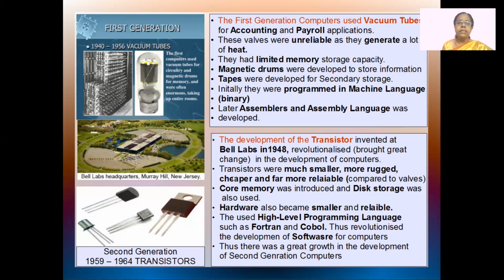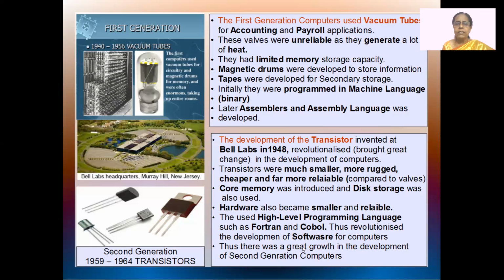And what language did they follow? They followed the high level programming language. The first generation used assembly language, and the second generation used the high level programming language. And what are those languages? Fortran and COBOL were developed as the high level languages during that time to make the computer operate, that is, the software.